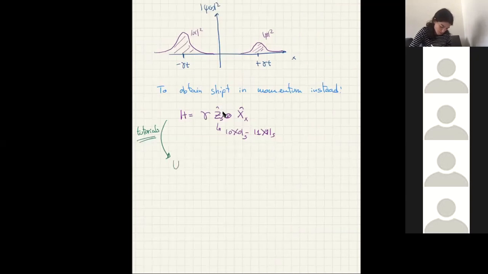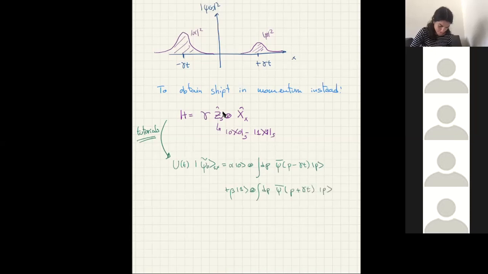when we apply U of t to our initial state. It is going to be alpha 0, and now phi tilde of p minus gamma t, plus beta 1 phi tilde of p plus gamma t.